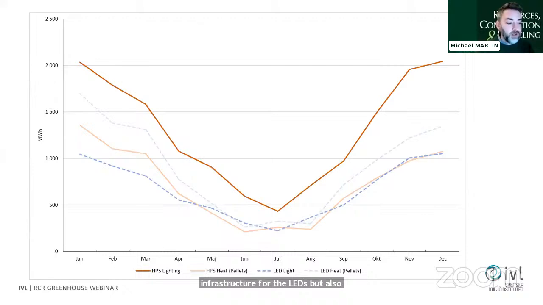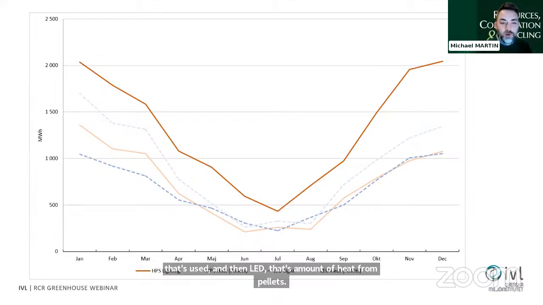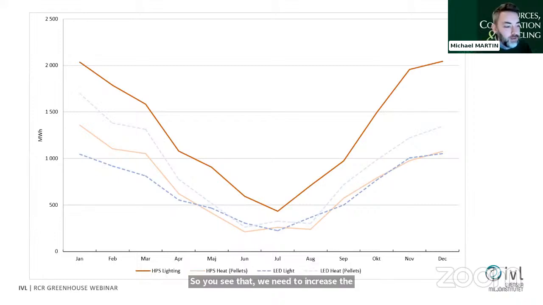I have a picture here of what that looks like, because high pressure sodium puts off a lot of heat, and if we replace it with LEDs, we would need to increase the amount of heat from pellets. You'll see that in the two blue dashed lines. There's LED light, that's the amount of energy that's used, and then LED heat, that's the amount of heat from pellets. So you see that we would need to increase the heat line there.